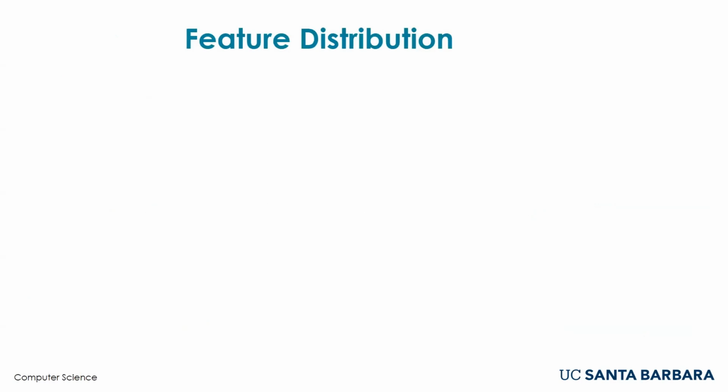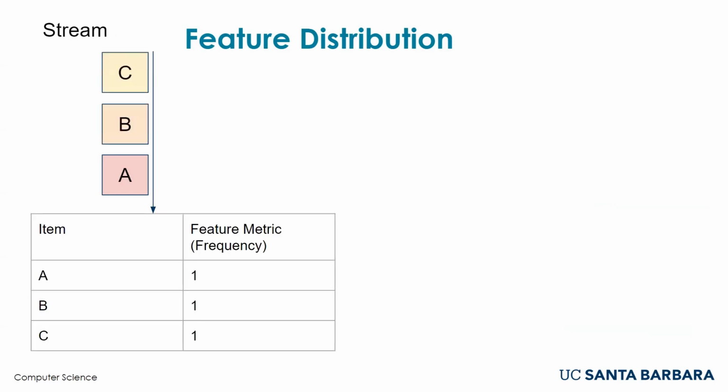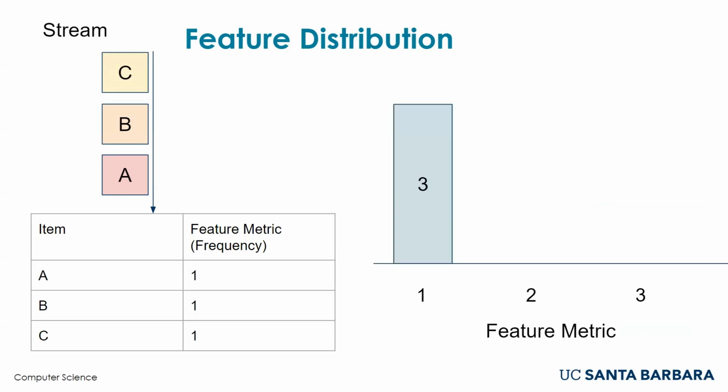To illustrate feature distribution, here's an example. Assume features arrive sequentially. First A, second B, and then C. At this time, there are 3 features, each with a metric value of 1. So as a result, if we view it as a histogram, metric value 1 has a count of 3.